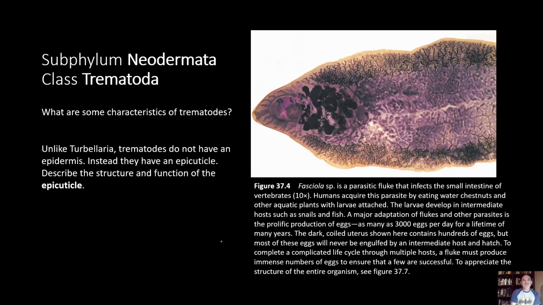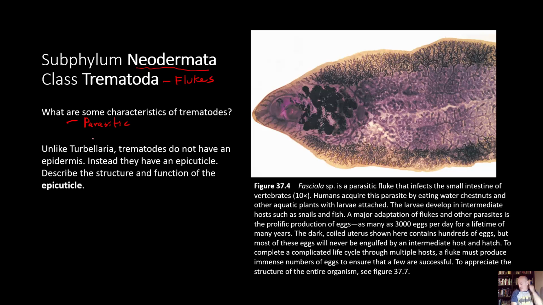So now we're going to move on to the subphylum Neodermata, and we now get into a group with two classes that are parasitic. The class Trematoda, these were the ones I said were the flukes. We were looking at Turbellaria earlier. So what are some characteristics of the trematodes? Well, basically they're all parasitic, and they all live within other animals.